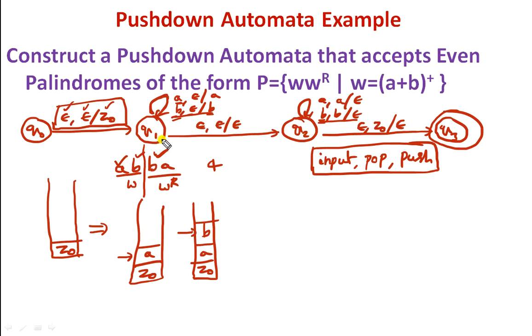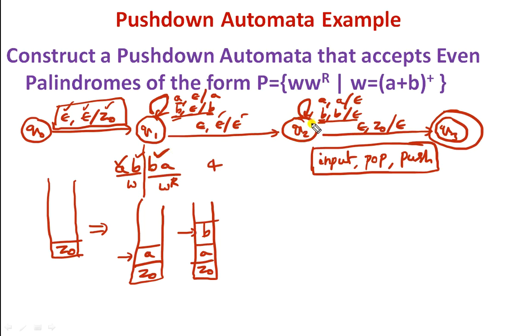Okay. So if you transit on epsilon, then we'll be going from Q1 to Q2 on epsilon, and nothing is popped, nothing is pushed. Just the state will be changed from Q1 to Q2. So now after epsilon, now you can use this particular B symbol as input.